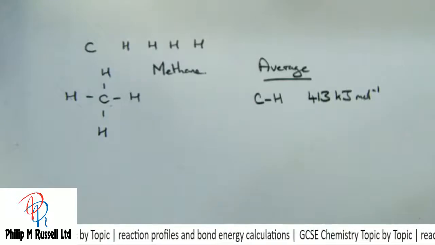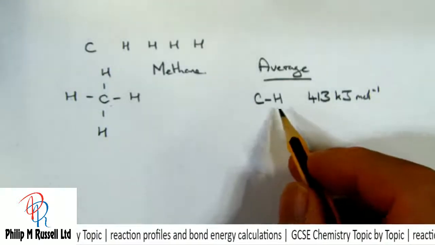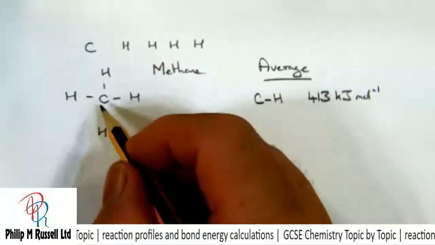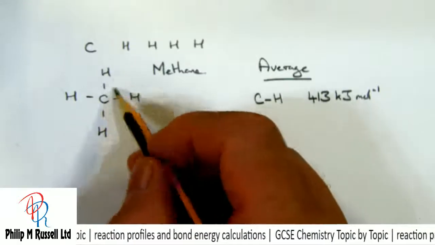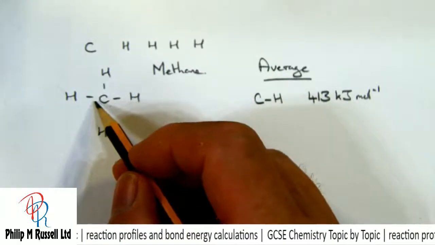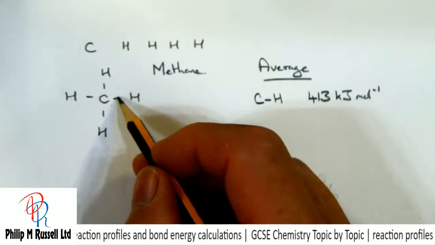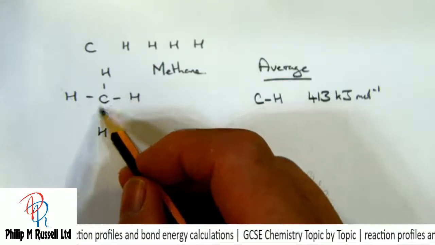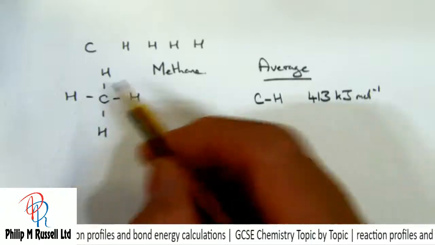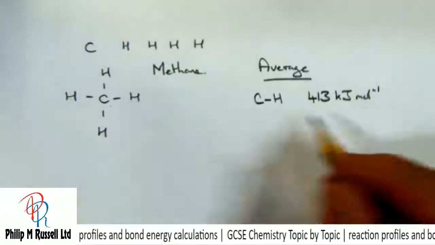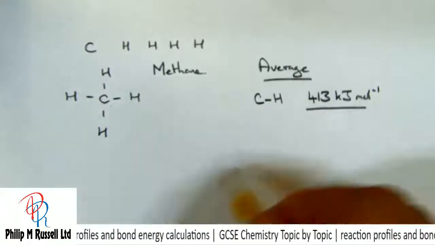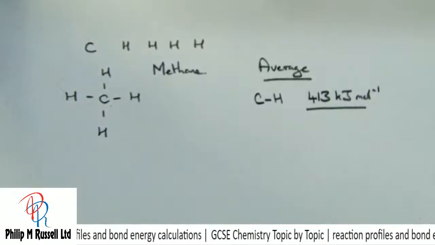Now, how do we get figures like this? Well, someone might do an experiment to remove one of those and it takes so much energy. Perhaps they do another one and it takes a bit more energy, and a bit more. And they repeat this many, many times and we come up with an average.